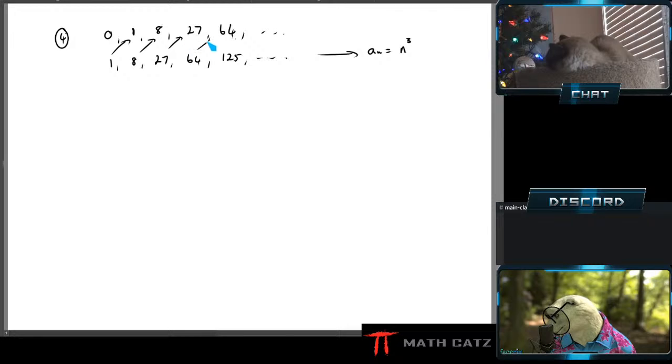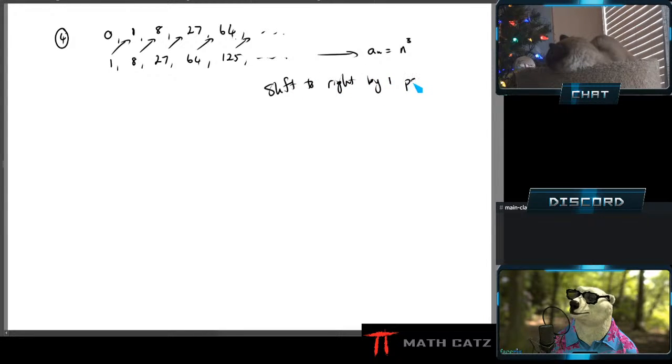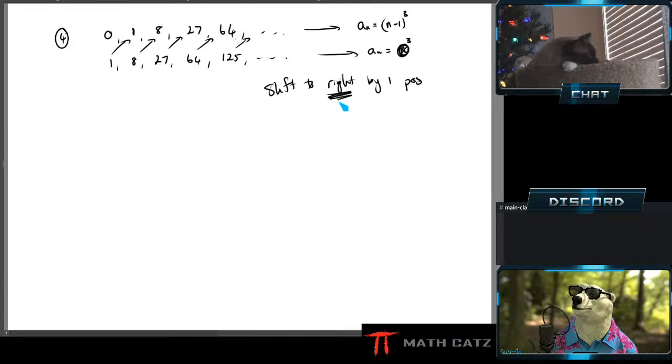See? It's just shifting to the right again. Shift to the right by 1. Shift to the right by 1 position means that this sequence has a formula that I can find by replacing the n with n minus 1. Minus corresponds to right, moving it to the right. Number of positions is, of course, that number over there.